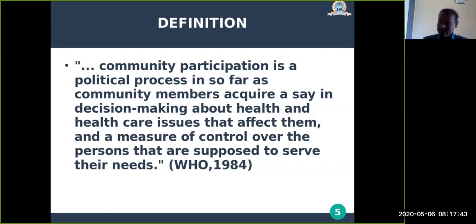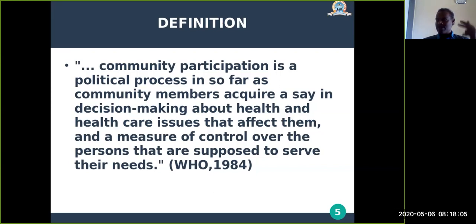So you are the implementer, but you should give space to the community to have a say in your program, to participate in the political decision making process, and to have control over your programs. So I hope you understand what is community participation.